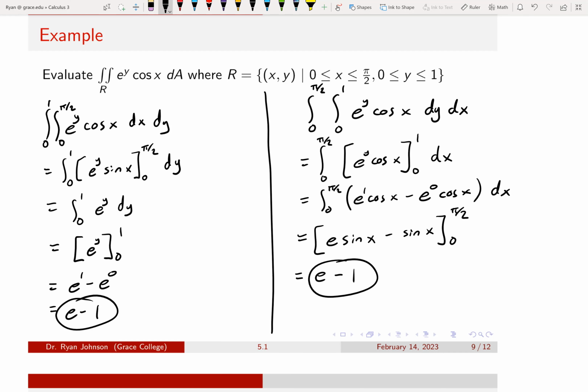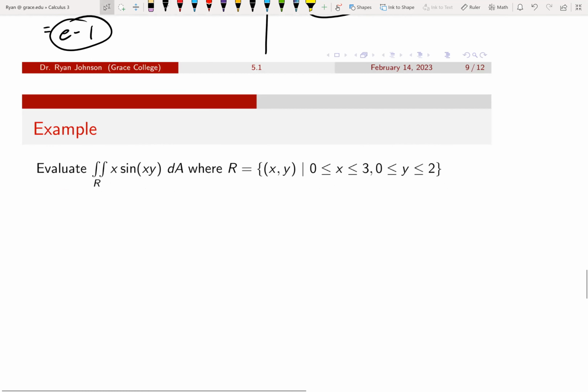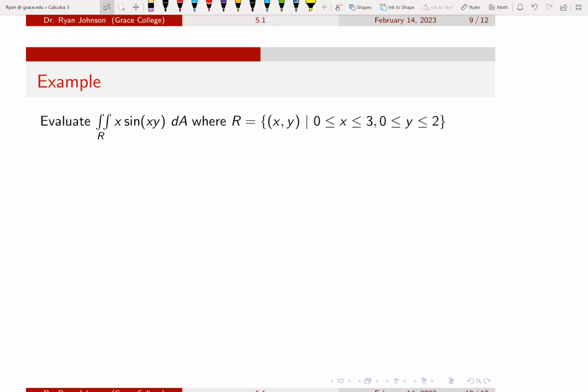Okay. Now, sometimes the order of integration one way is much easier than the other way. So in this case, I've got the double integral of x times sine of xy, and my region is x from 0 to 3, y from 0 to 2. Let's set them both up, and I'll talk about the hard one, and then I'll do the easy one.